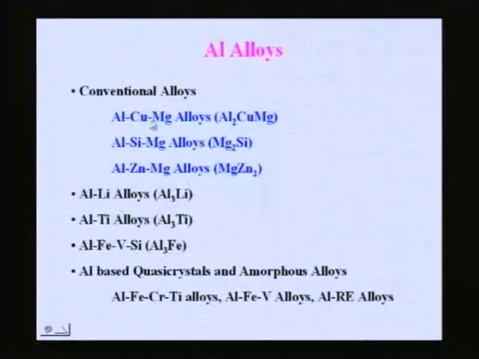If you look at the aluminum alloys per se and look at the history of it, the most conventional alloys in aluminum alloy series are aluminum copper, we all know.